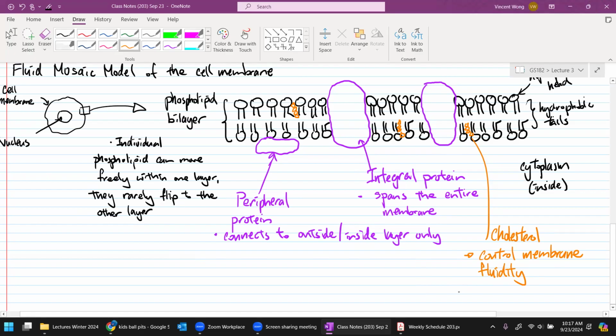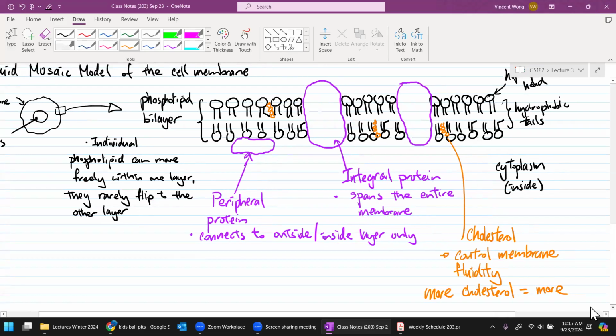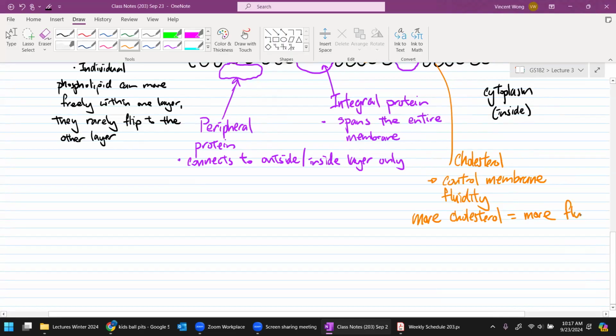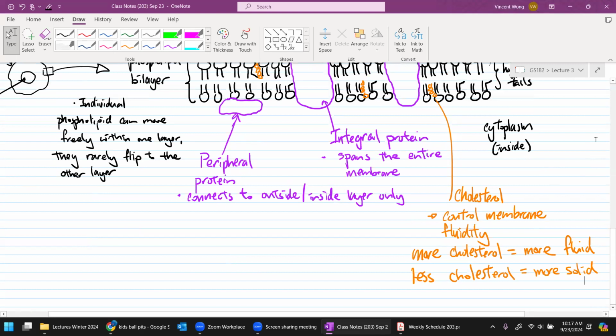Generally speaking, more cholesterol equals more fluid. Less cholesterol equals more solid. So it really depends on what kind of cell membrane you are looking at.